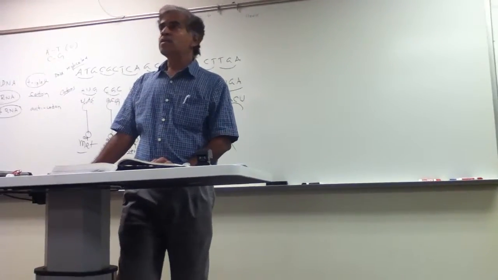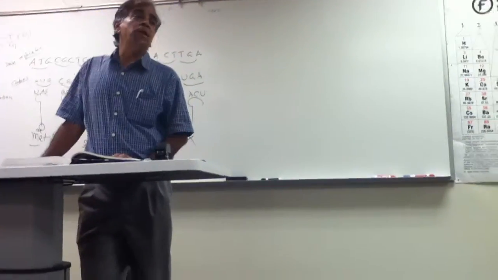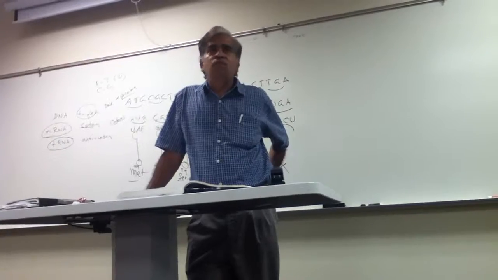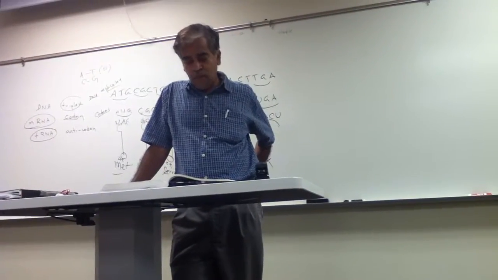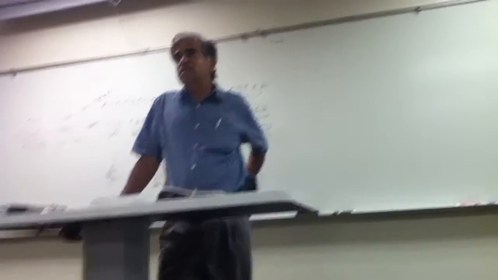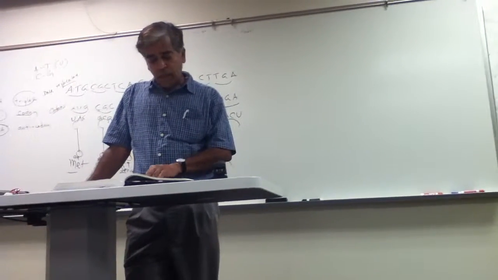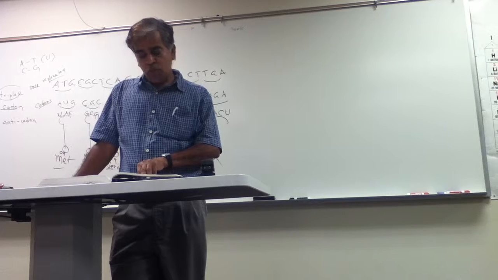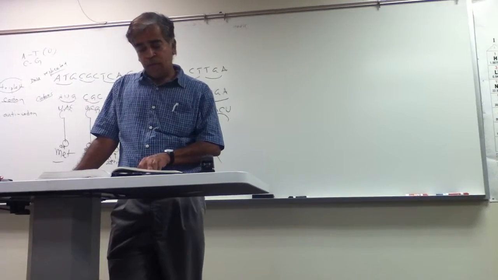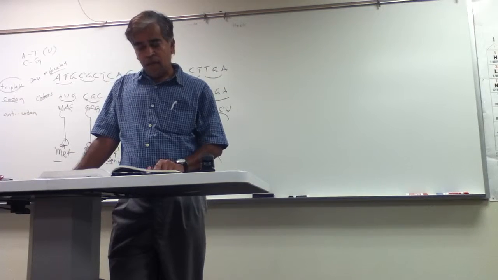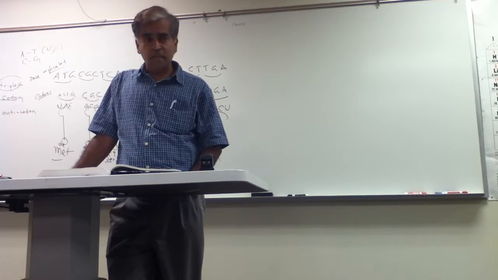Male or female is determined by pair number 23, which we call sex chromosomes. If they are XX, it's female; XY, it's male. And you can notice the X is larger than the Y. And then you have autosomes. Pairs 1 through 22 are called autosomes, and pair 23 is the sex chromosome.